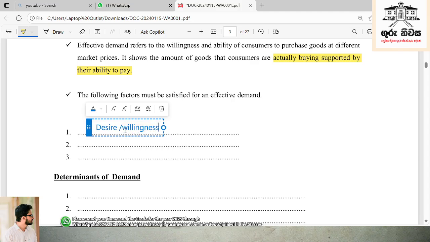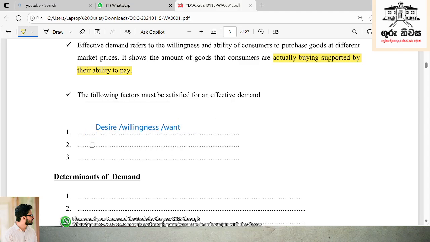Or we can say there should be a need or want to buy something. Okay, lamai.